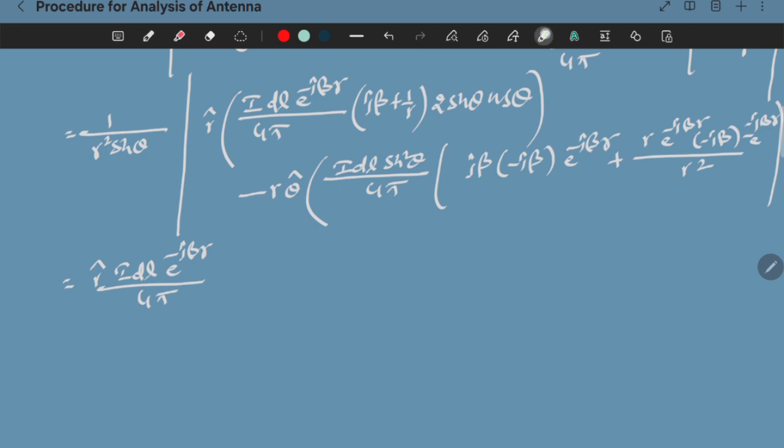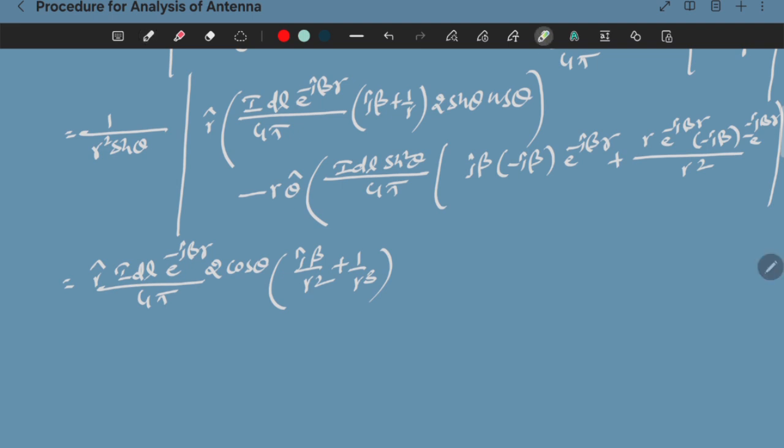This sin theta will be cancelled. So only in the numerator we have the 2 cos theta. What about this r square? This r square is going to this area. Then we will get j beta by r square plus 1 by r cube. This is about the r component.